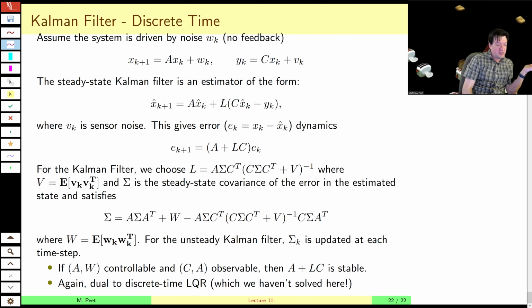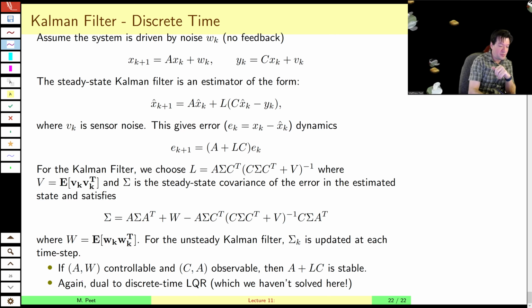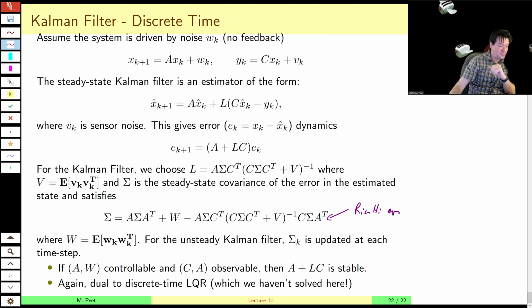Finally, just to be complete, I also give a result for the discrete time Kalman filter, which is very similar to the continuous time Kalman filter. I also give it in terms of a Riccati equation instead of an LMI.